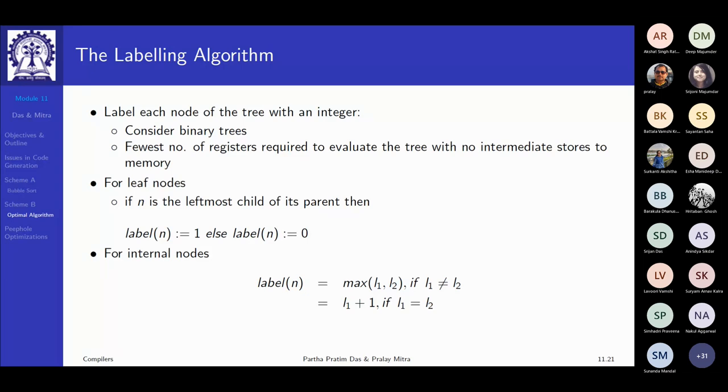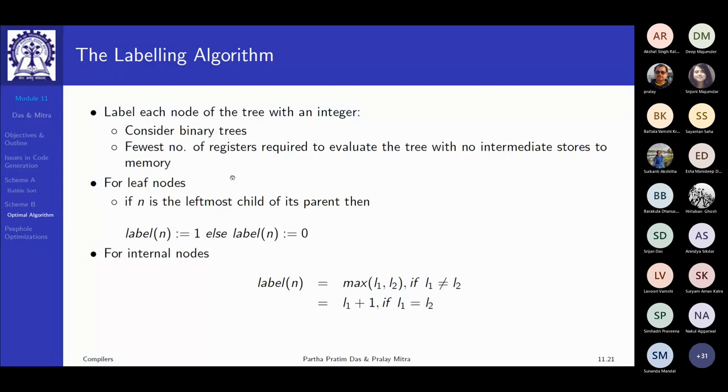So we label each node of the tree with an integer. And without loss of generality, we assume that it's a binary tree. That is, the label is the fewest number of registers required to evaluate the tree with no intermediate stores to memory.